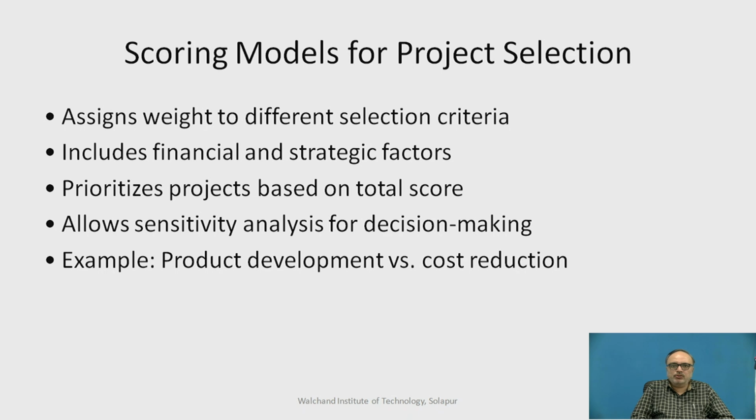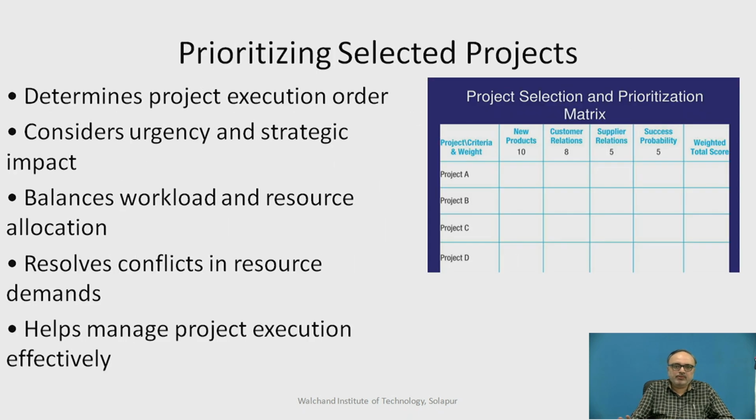Scoring models for project selection assign weights to the different selection criteria, include financial and strategic factors, prioritize projects based on the total score, and allow sensitivity analysis for decision making. An example is product development versus cost reduction.